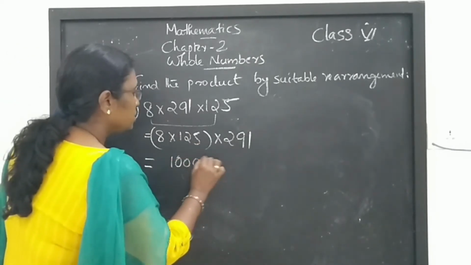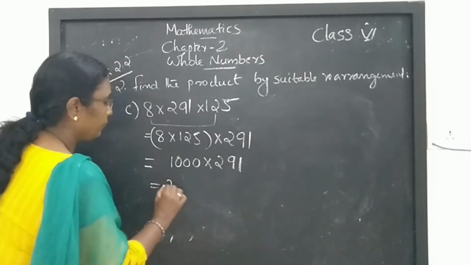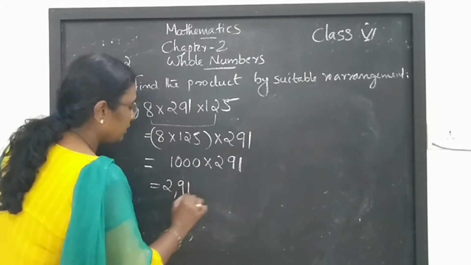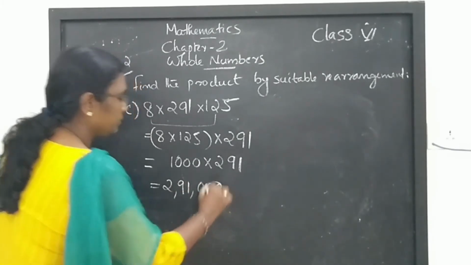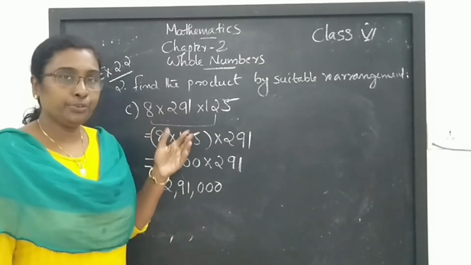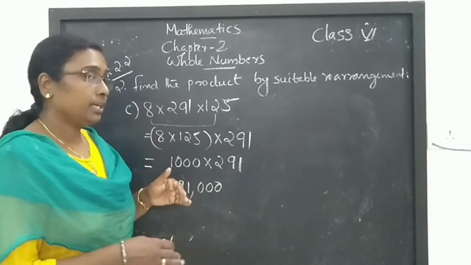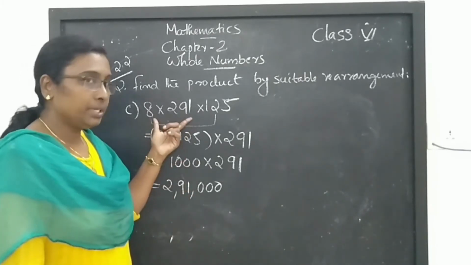Therefore, 1000 into 291 equal to 2,91,000.